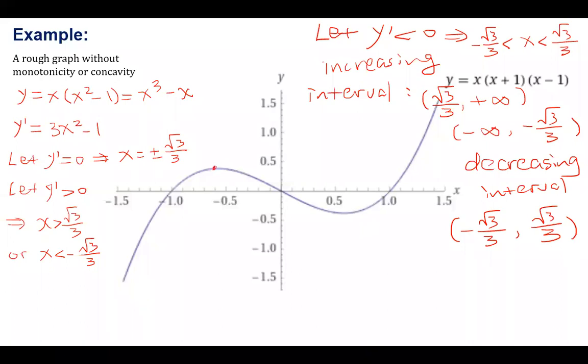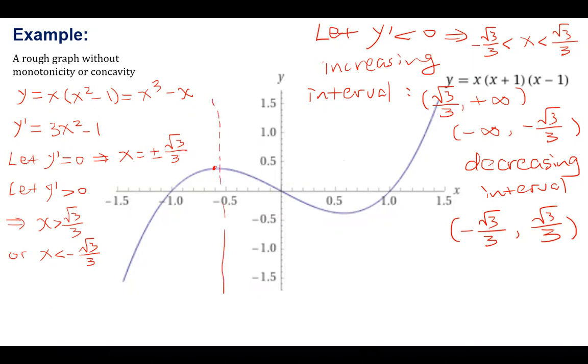And when x equals positive square root of 3 over 3, the first derivative changes sign from negative to positive. Therefore, x equals positive square root of 3 over 3 is a local minimum, right? Which is here.